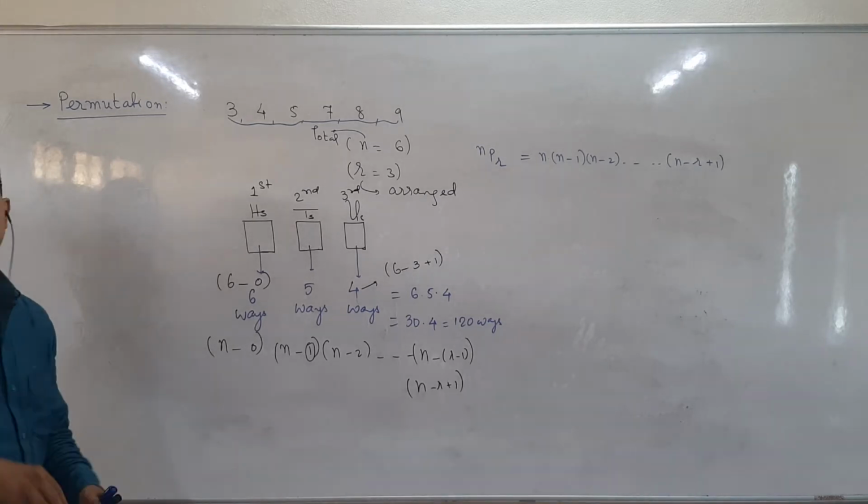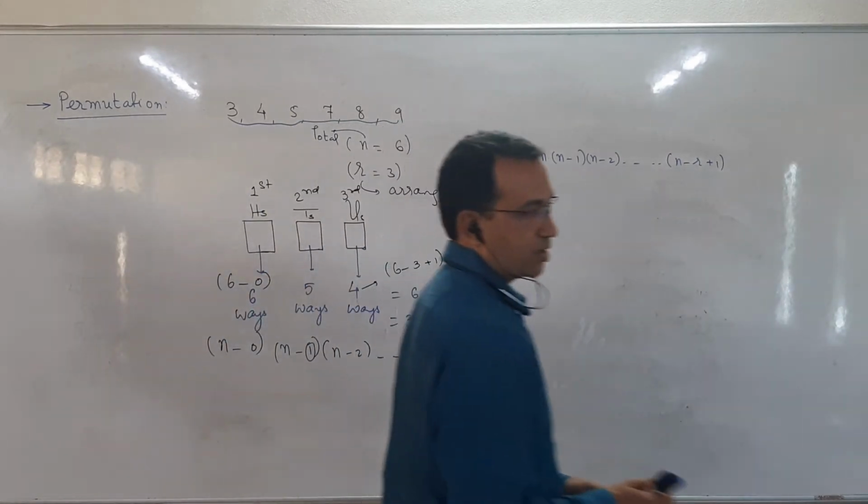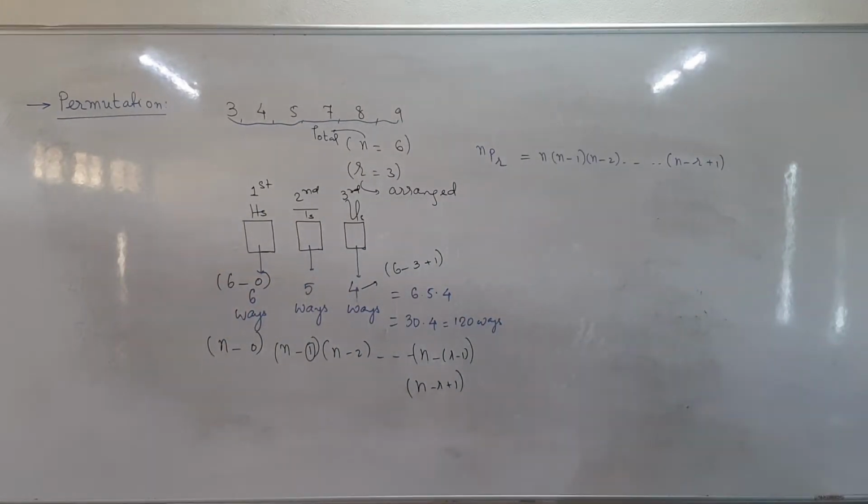This is called permutation. So what is permutation? Given are n items, objects or things out of which we have to arrange r objects. So out of given n objects, r objects can be arranged in nPr ways, and that is nothing but permutation.